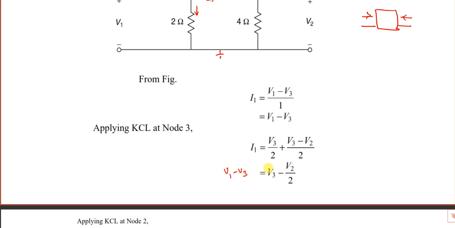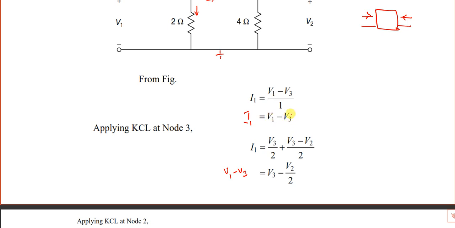Finally, that V3 value is to be substituted. Here actually in Y parameters we should get I1 and I2 in terms of V1 and V2, but we got I1 in terms of V1 and V3. I have to eliminate this V3.